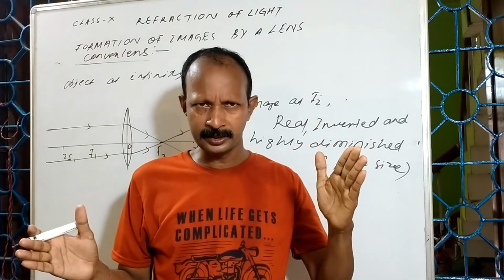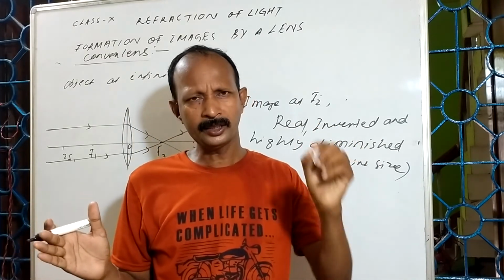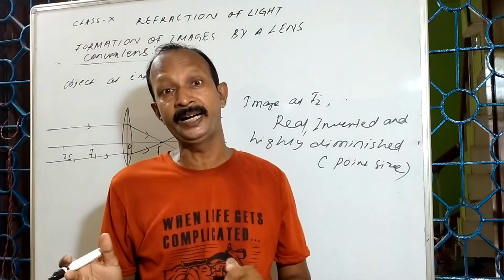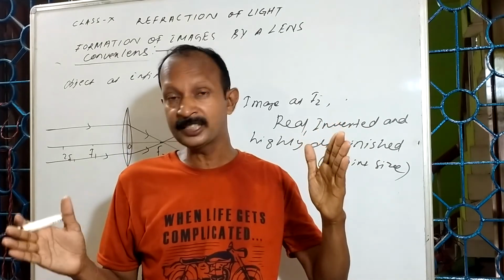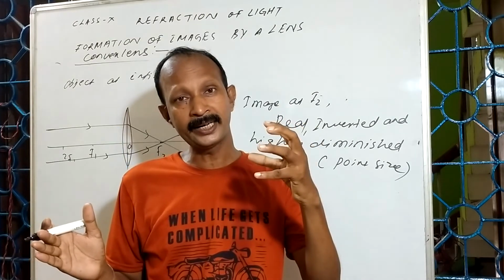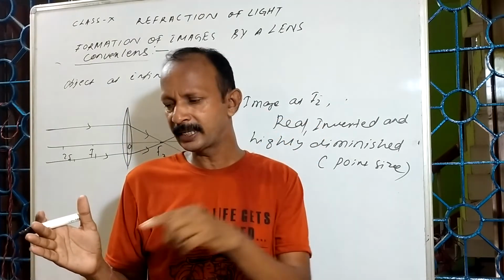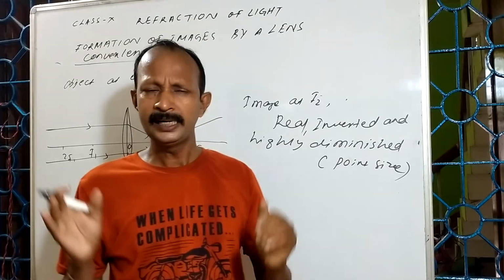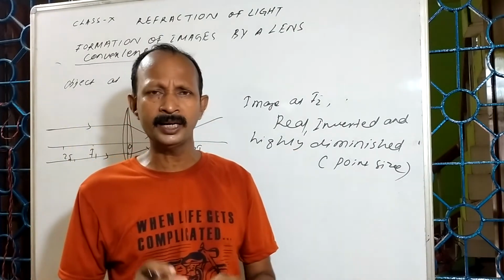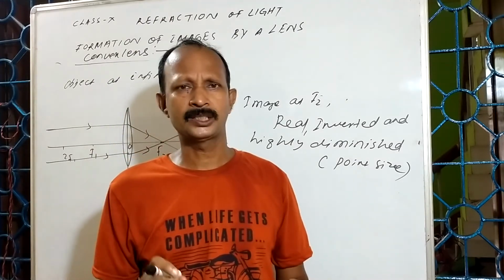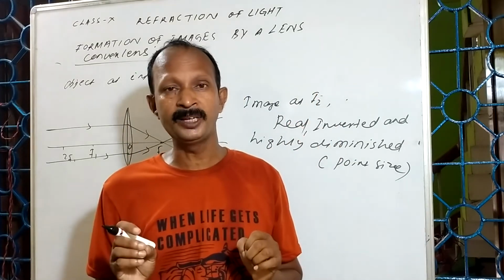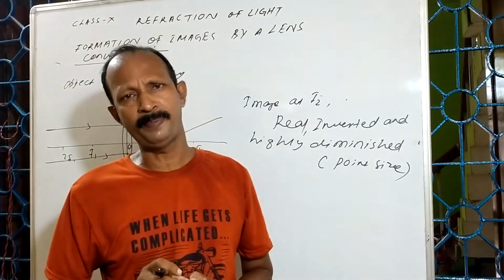One stage will come where the image of the sun forms on the paper very small in size and bright. If you place the paper there, after some time the paper starts burning because all the light rays and heat are concentrated at that point. In this way we can find the approximate focal length of the convex lens, because the sun is at infinity. Light rays coming from the sun come parallel.